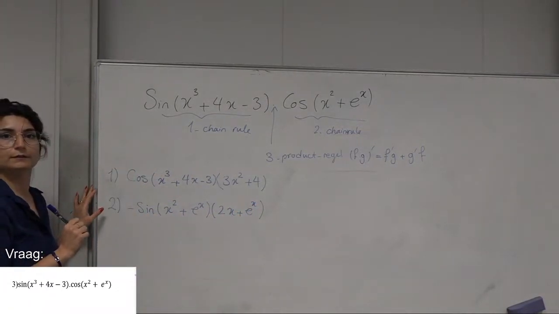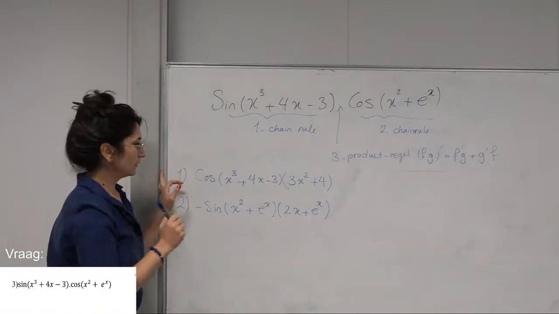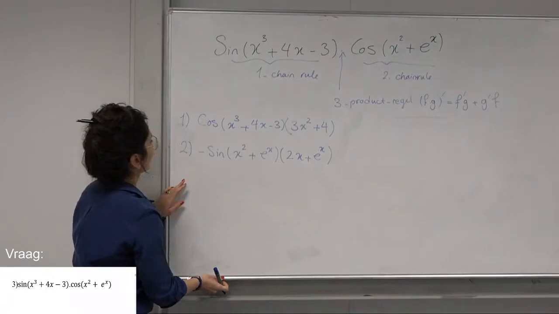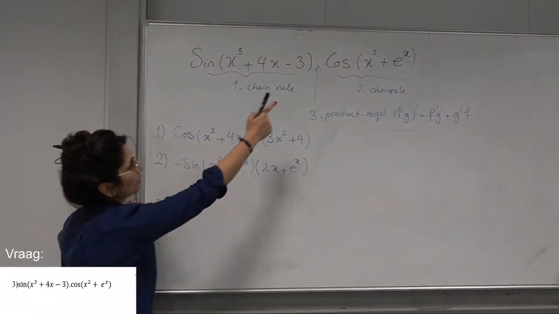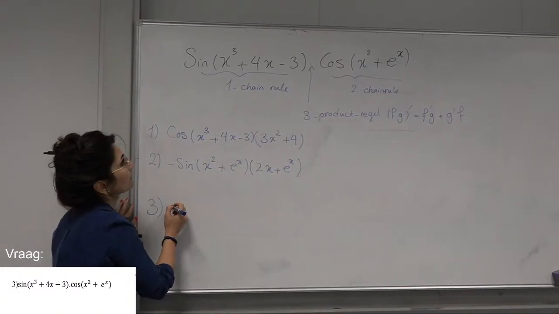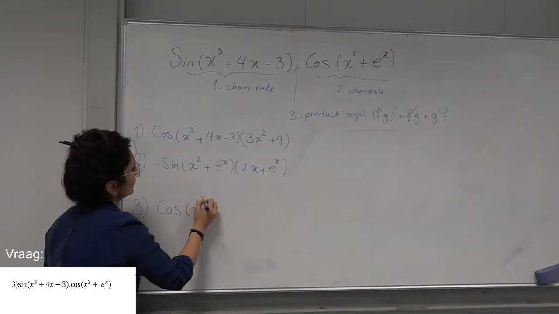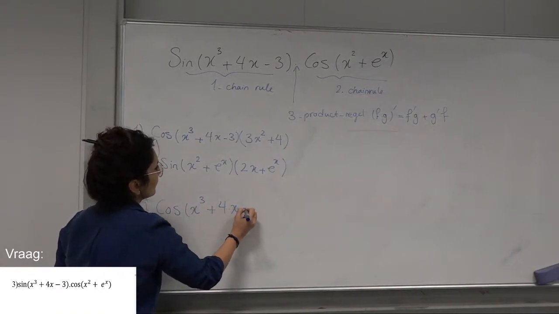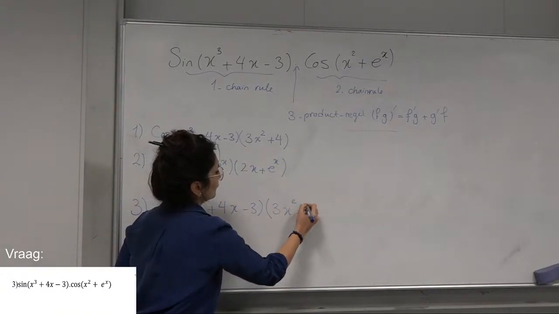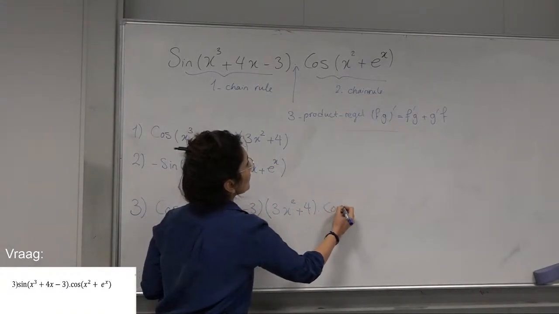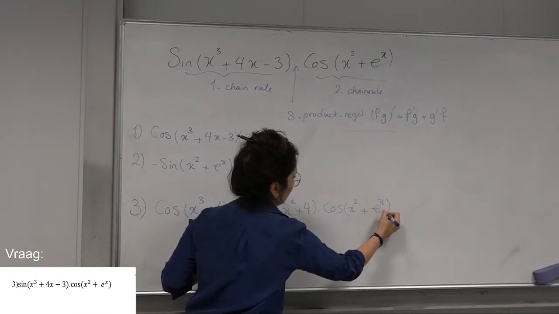So far, so good? Do you have any questions? I don't see any. Okay, now the third step. Derivative of the first one multiplied by the original function g. So I have cosine of x cubed plus 4x minus 3 multiplied by 3x squared plus 4 multiplied by cosine of x squared plus e to the x.